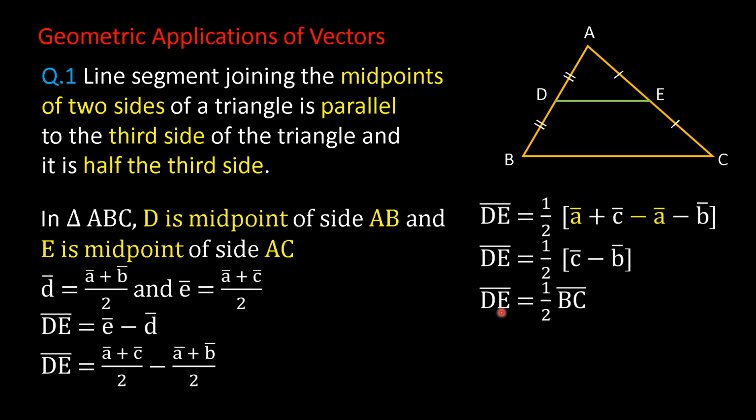Since DE bar is a scalar multiple of BC bar, we say that DE bar is parallel to BC bar. Therefore, segment DE is parallel to segment BC and DE is half BC. That is, length of segment DE is half length of segment BC. Hence the proof.